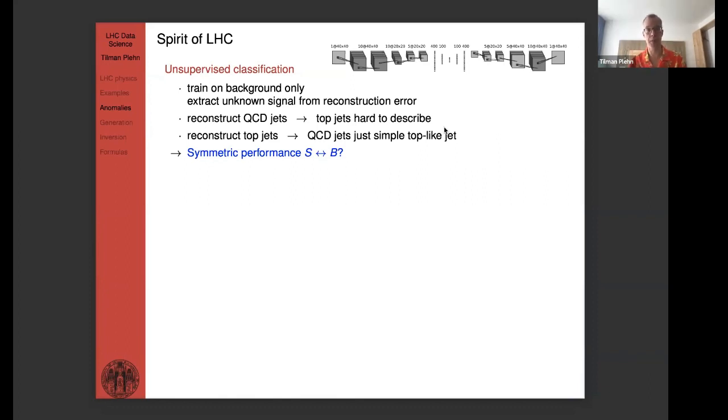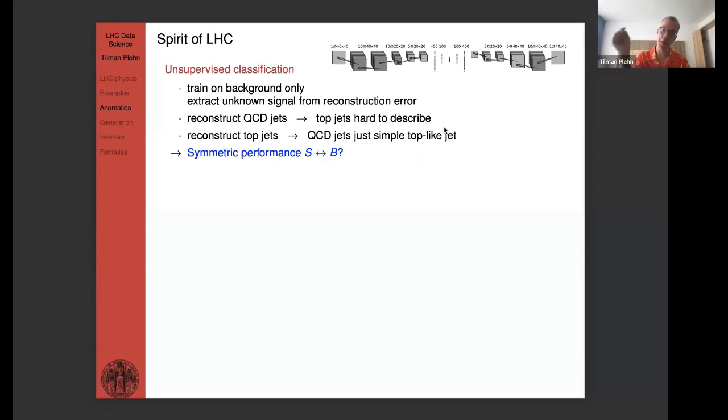Now, when you do that, and we always do that with QCD and top jets, what you find is that if you train the network to reconstruct QCD jets, indeed, top jets are hard to describe. Why is that? Because in QCD jets, two jets never have the W mass. They have a much smaller mass, and it just doesn't fit. The W mass doesn't fit, the top mass doesn't fit, and so on.